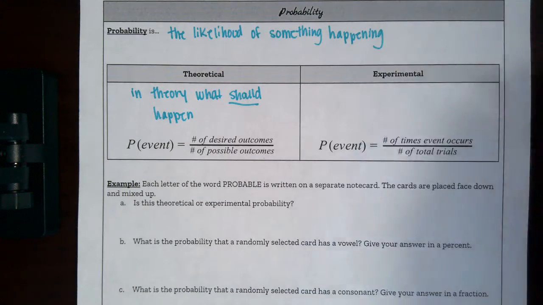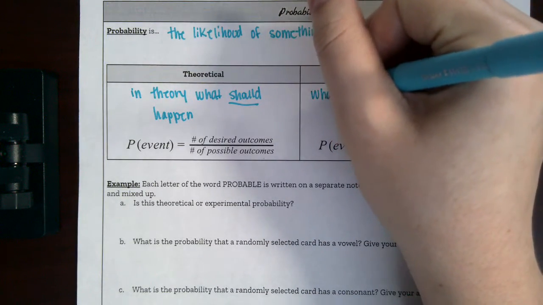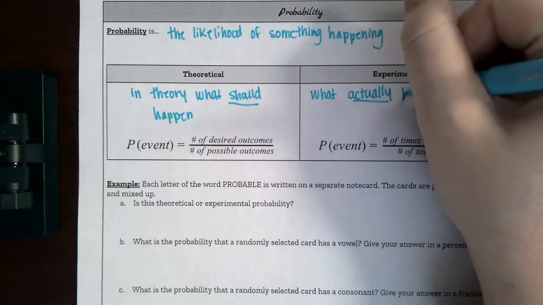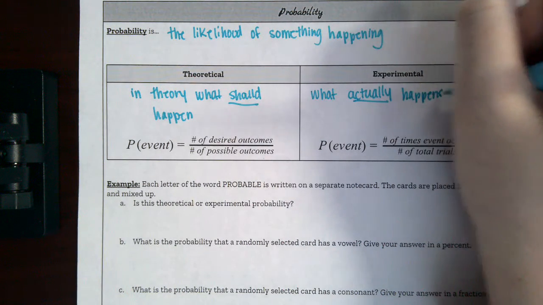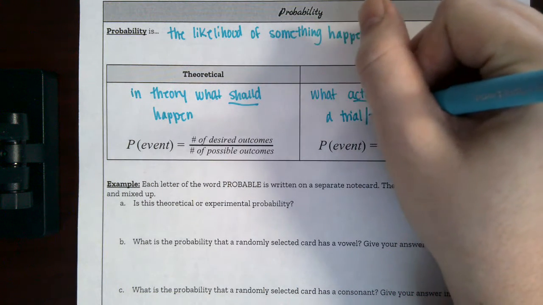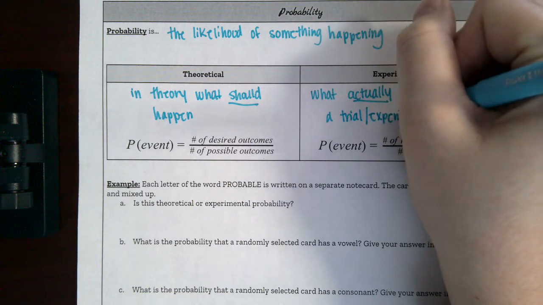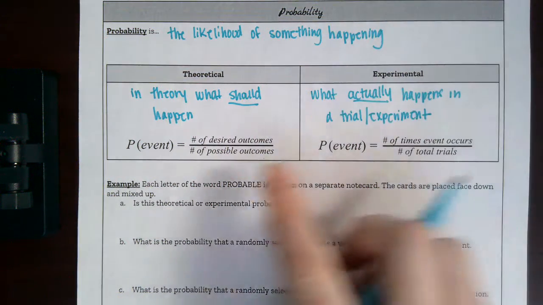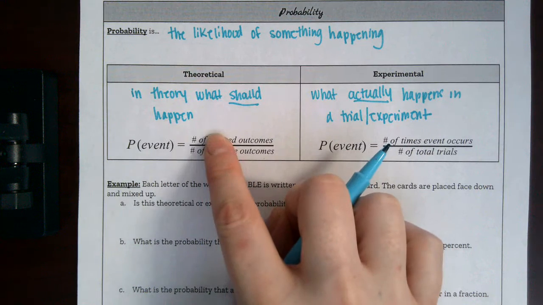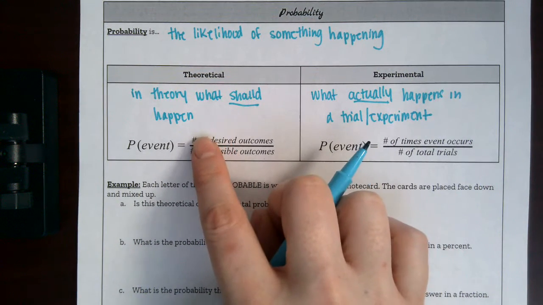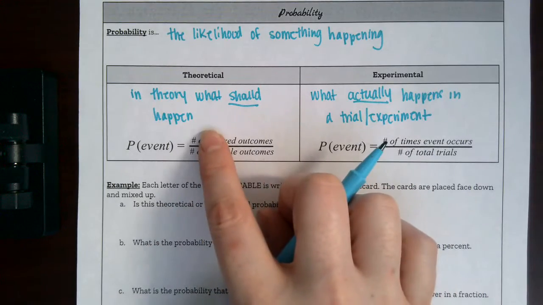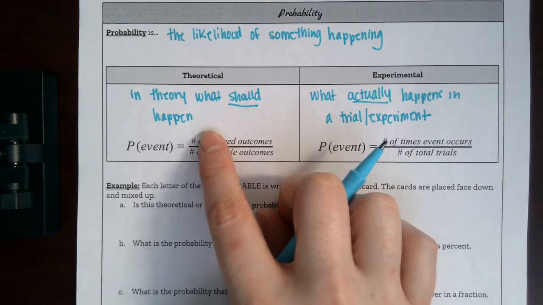And then experimental is what actually happens in a trial or experiment. So theoretical, for example, in theory, if I flip a coin, every other time I should get heads and then tails, and then heads and then tails, because there is a 50% chance of getting each.